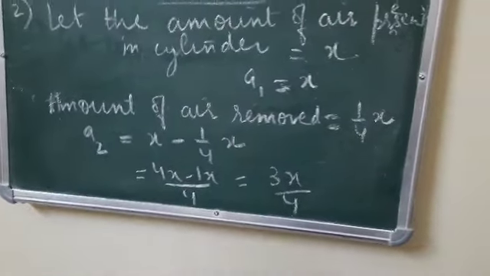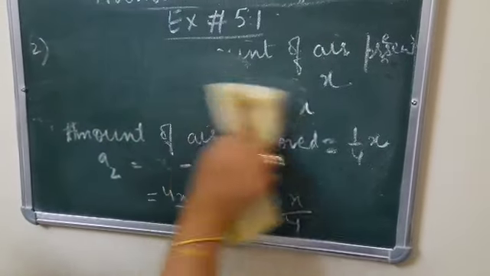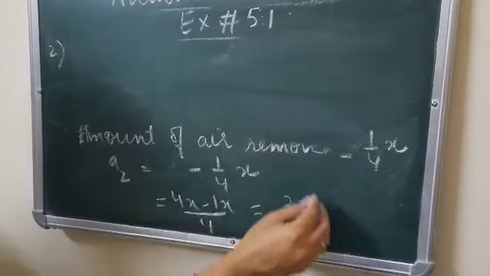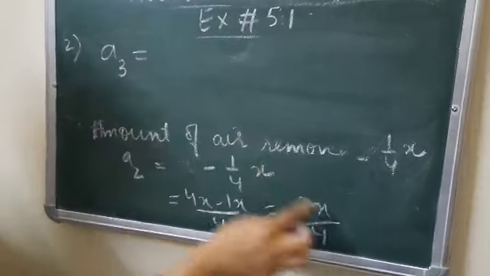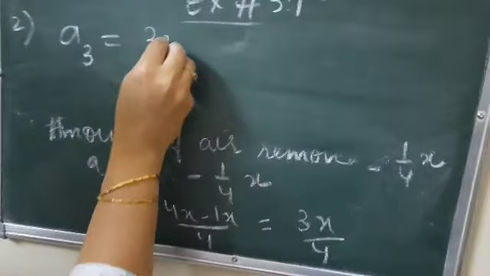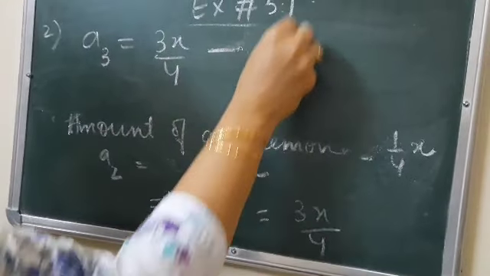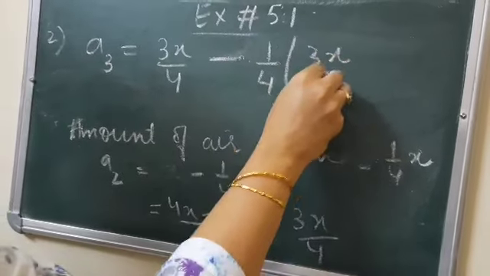Now, one more a we'll find so that we can see whether an AP is formed or not. Now, for a3, what will happen? 3x/4 is the amount of air present. How much is to be removed? 1/4 of 3x/4.